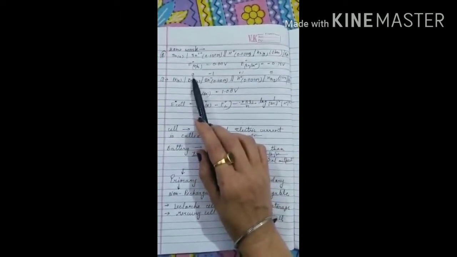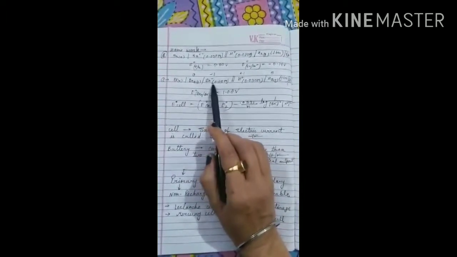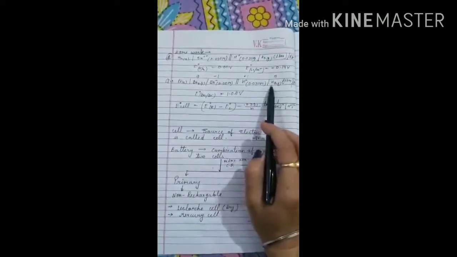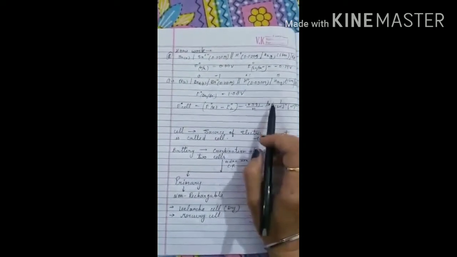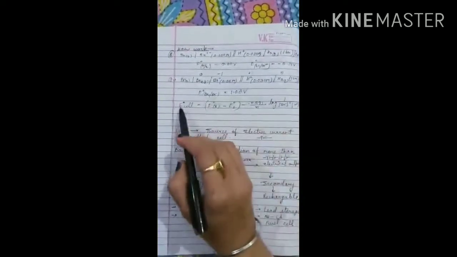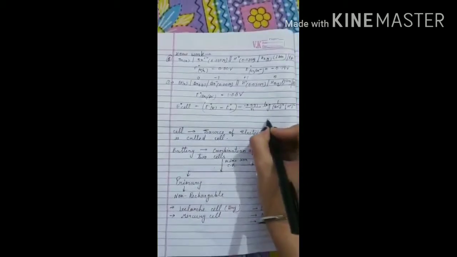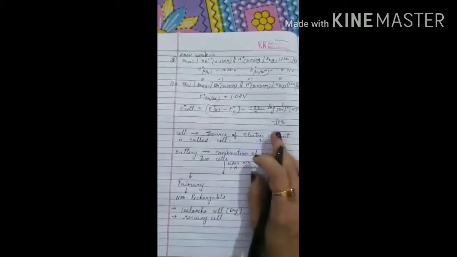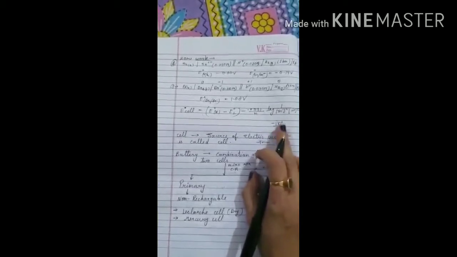Oxidation number 0 to -1 shows that reduction is taking place. H plus to 0, again reduction is taking place. So whenever you find its E cell, that value will come negative, which shows the reaction will be non-feasible and the cell will not work.